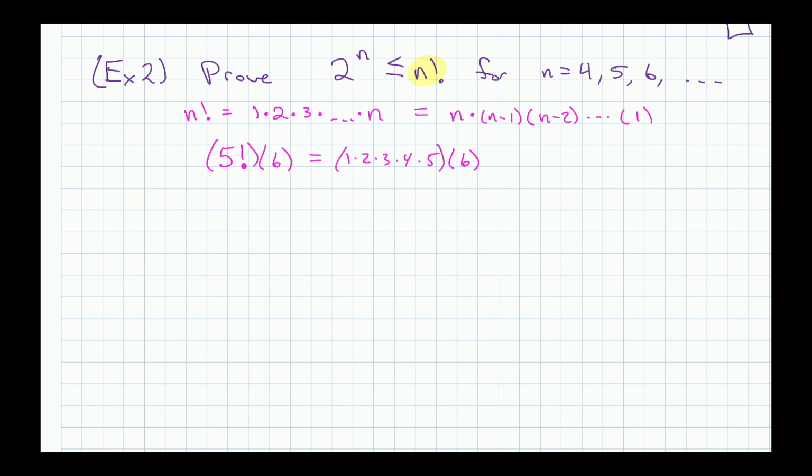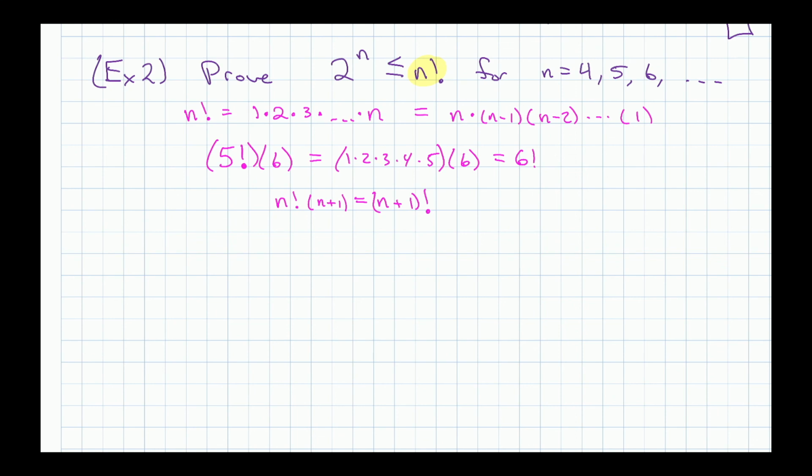If you take 5 factorial and multiply by 6, you just end up with 6 factorial, right? And so in general, that property is written this way: if you have n factorial times n plus 1, that's actually n plus 1 factorial.